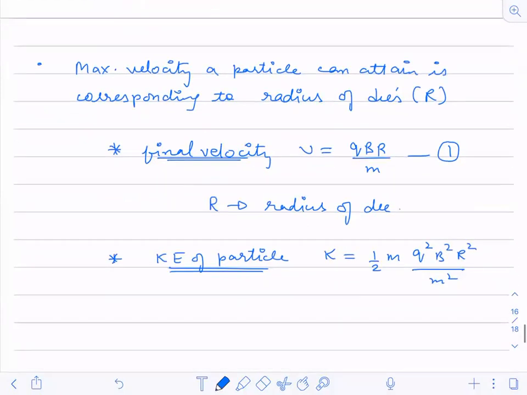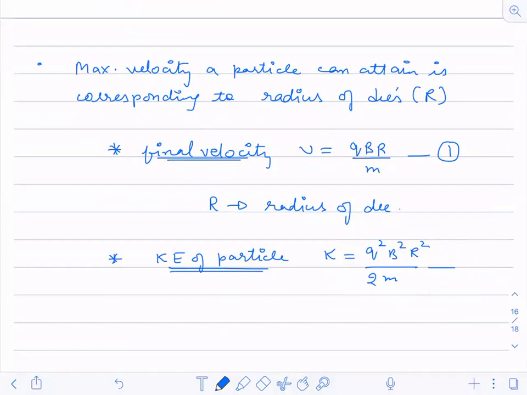When you solve this, m and this square get cancelled, so you have 1 by 2m into q square B square R square. This is the kinetic energy, equation number 2.